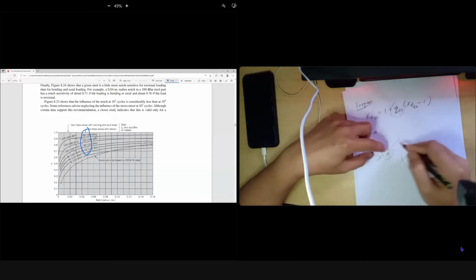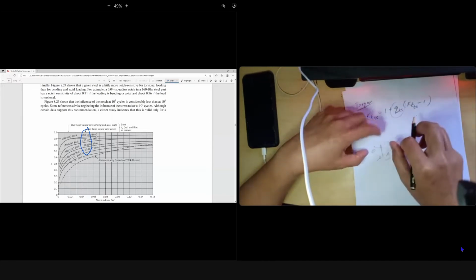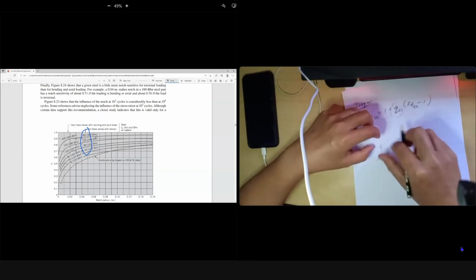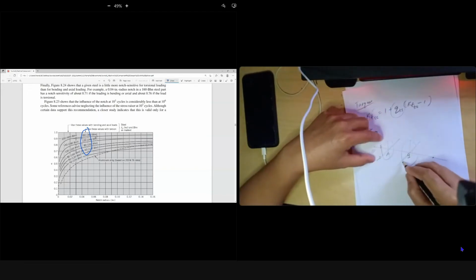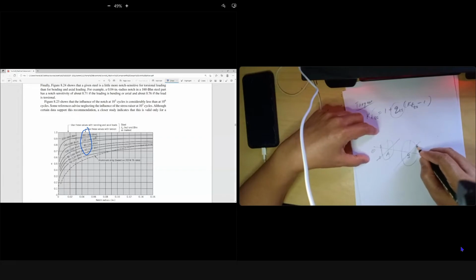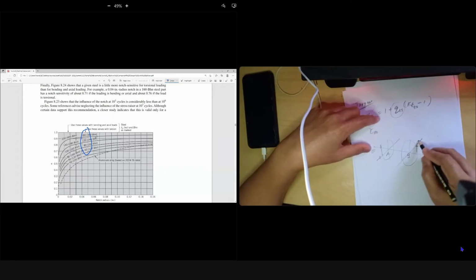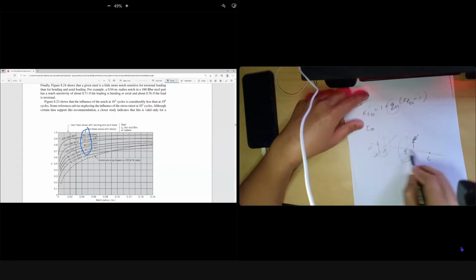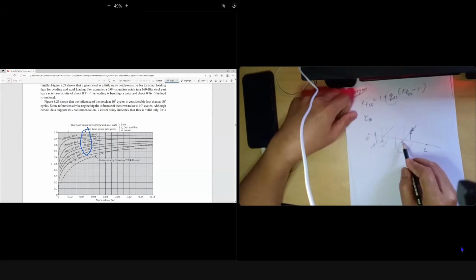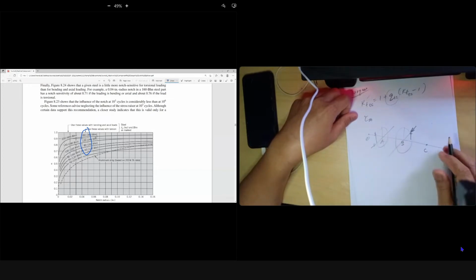This one produces torque like this, and this one torque is like this. And you have a reaction like this. So between A and B, we have torque. So your shoulder or your groove inside this zone AB has torsional stress.